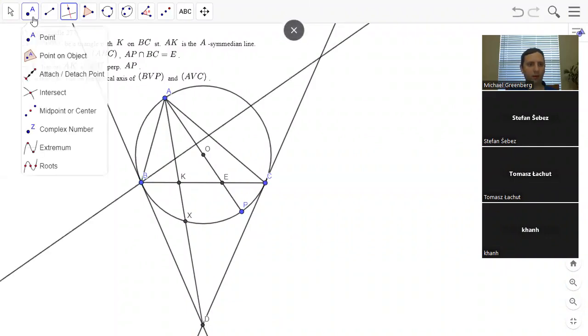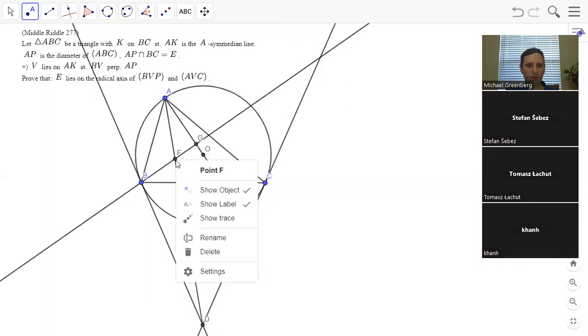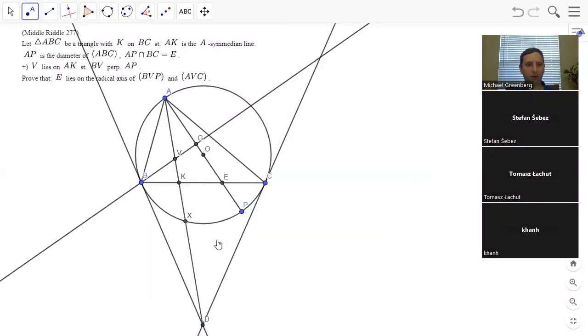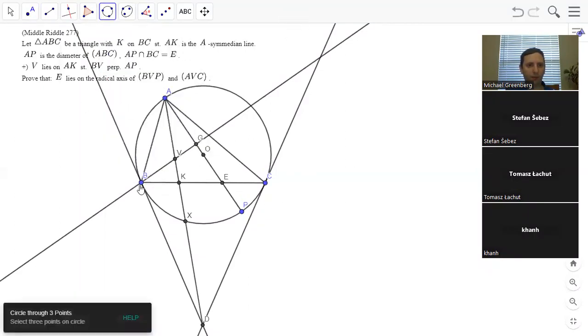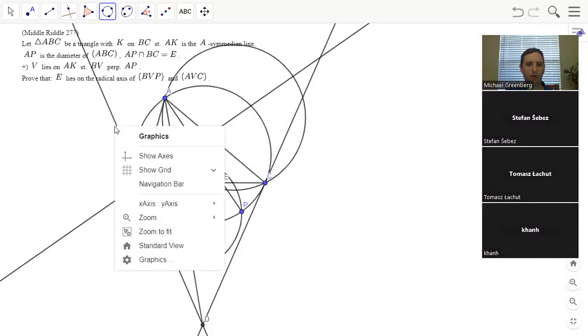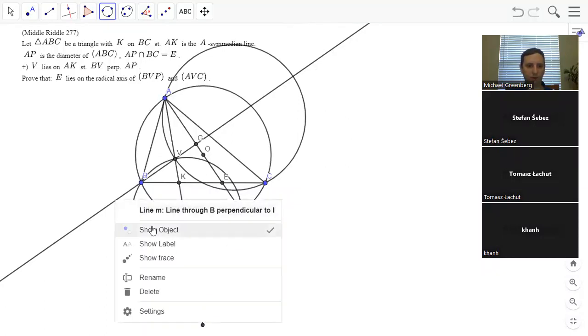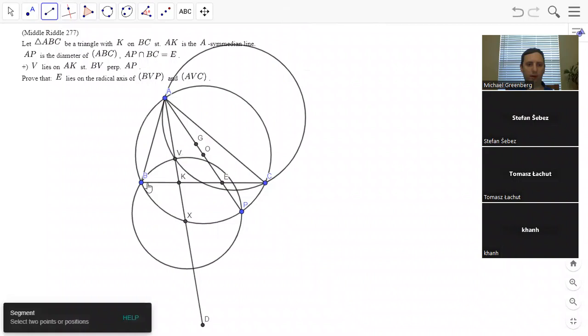Interesting. So this is V. We want to show E lies on the radical axis of BVP and AVC, so it has the same power with respect to those two circles. I guess I don't need point D, but it doesn't hurt. It just takes up space on the screen.